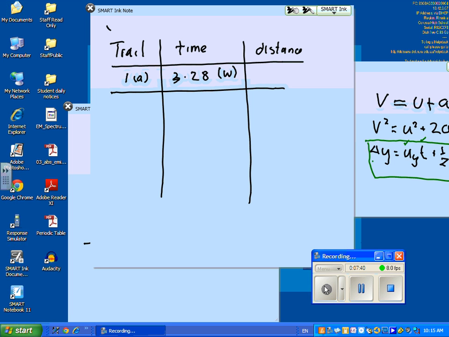Was this one for the air pump, sir? That should say trial. What does the W stand for?